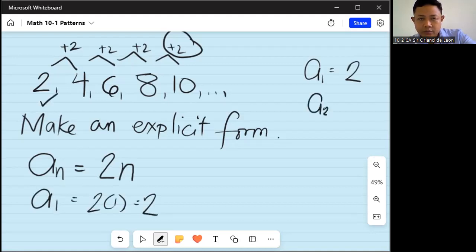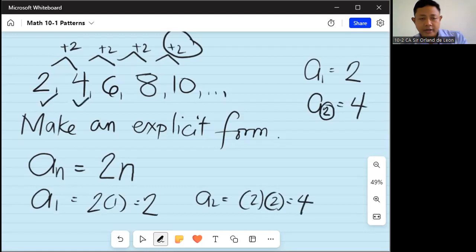Let's try A sub 2. It says here, it should be 4. So if we substitute 2 here, A sub 2 is equal to 2 times 2. The answer is 4. Very good. So therefore, that's correct.